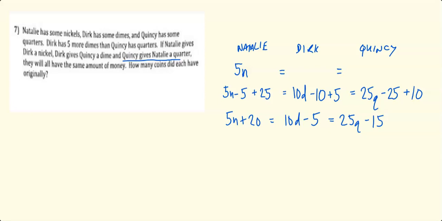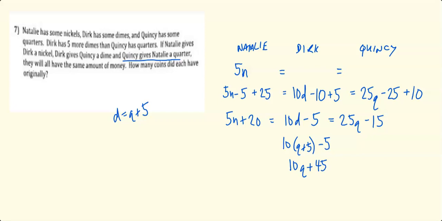Now, since we know that d is equal to q plus 5, then I can substitute q plus 5 in right here. And that's going to equal 10q plus 50 minus 5, well, that's 10q plus 45.